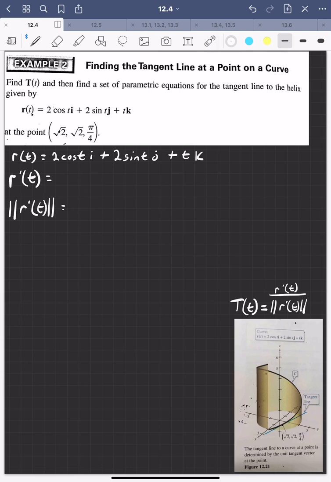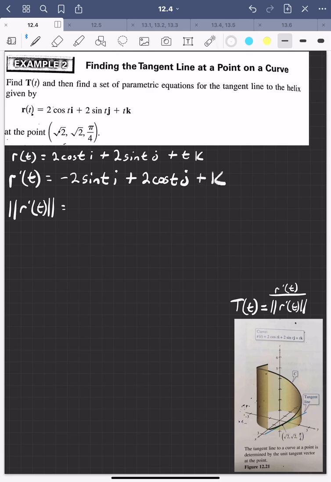So r prime, so taking the derivative of r, so that should be negative 2 sine of t in the i direction, plus 2 cosine of t in the j direction, and of course the derivative of t is just 1, so plus k.